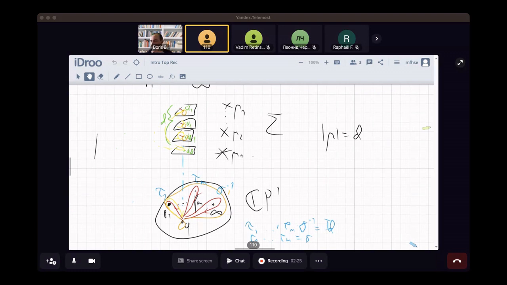So in algebraic geometry, you have so-called intersection numbers on the moduli space of algebraic curves. Maybe someone heard about them. They're related to Gromov-Witten invariants.